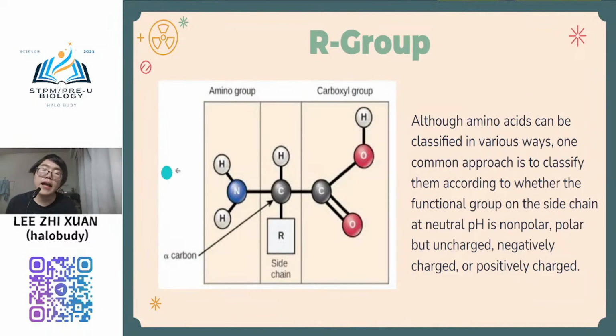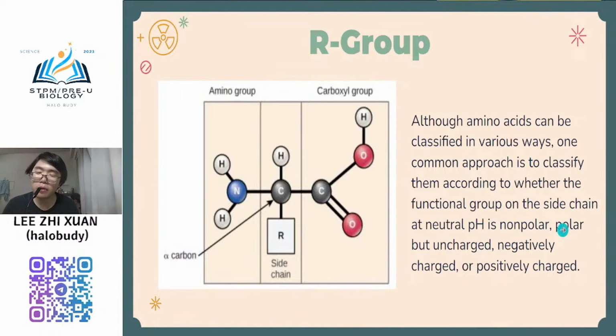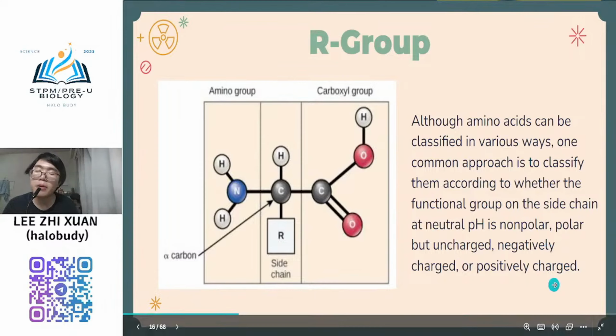Although amino acid can be classified in various ways, one common approach is to classify according to the functional group of the side chain at neutral pH, meaning at pH equal to 7: either your amino acid is non-polar, polar but uncharged, meaning neutral, or negatively charged or positively charged.